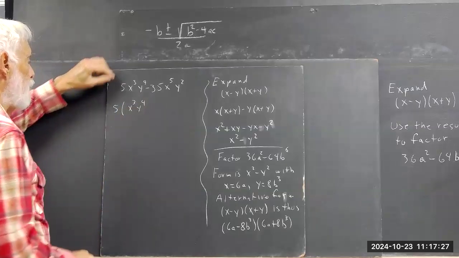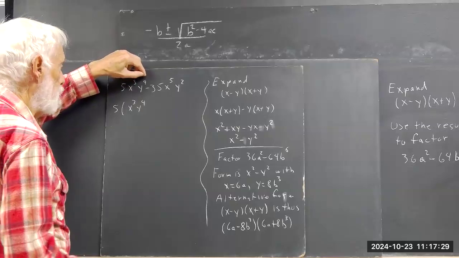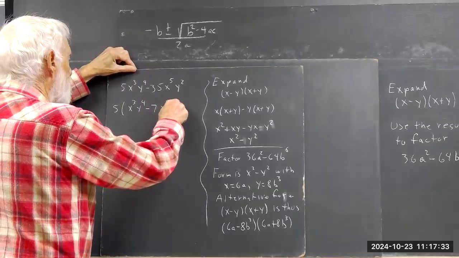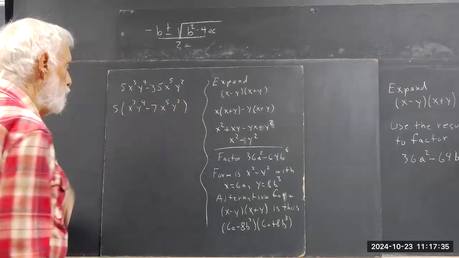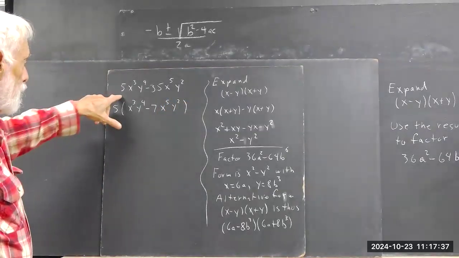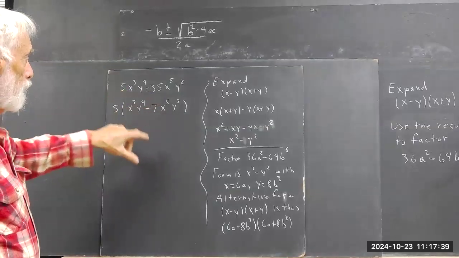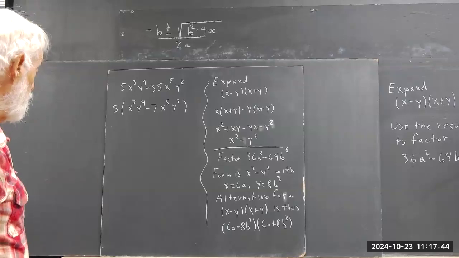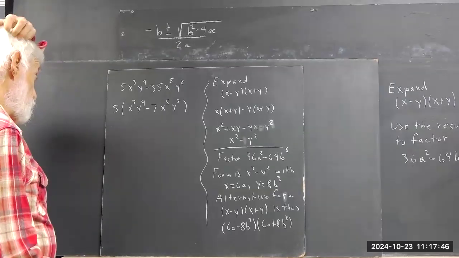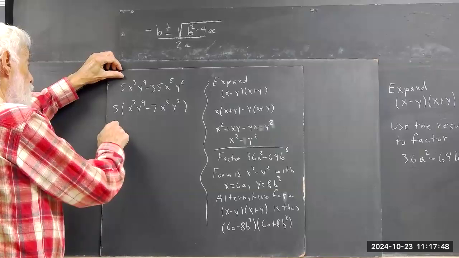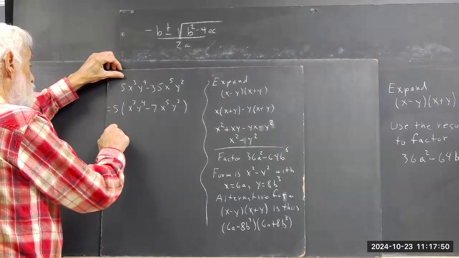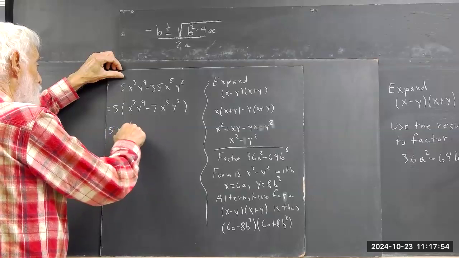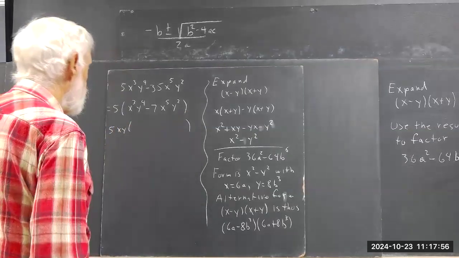I can rewrite this as 5 times the quantity x cubed y to the 4th minus 7x to the 5th y squared. I can identify that 5 and 35 have a common factor of 5. Now there's more I could do. I could say that this equals, why not, 5xy times something, okay?